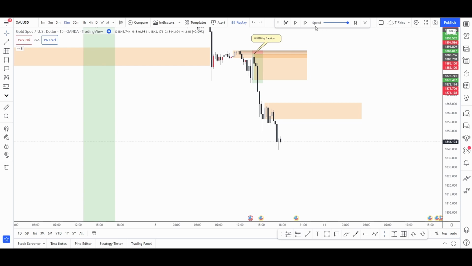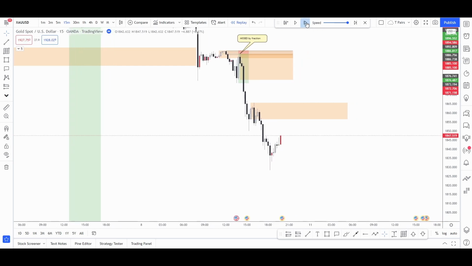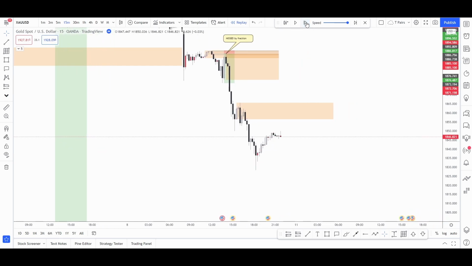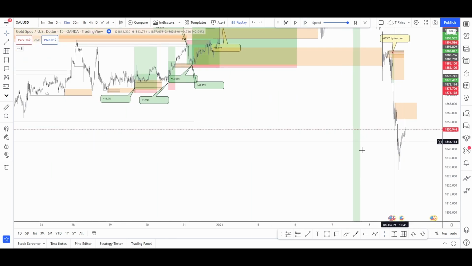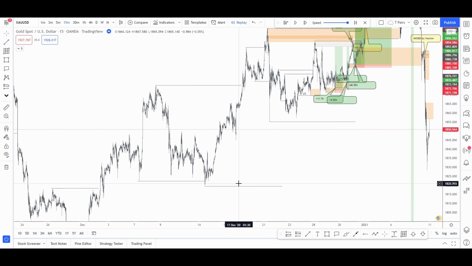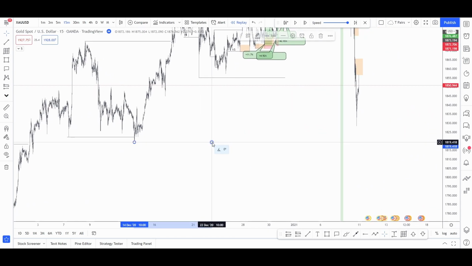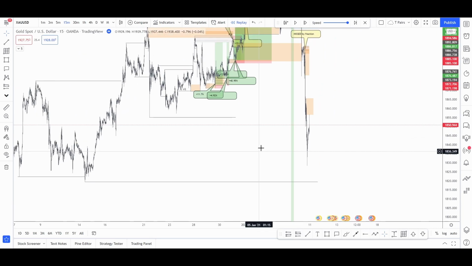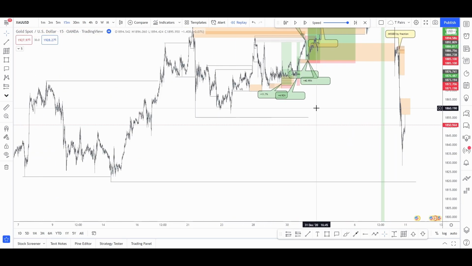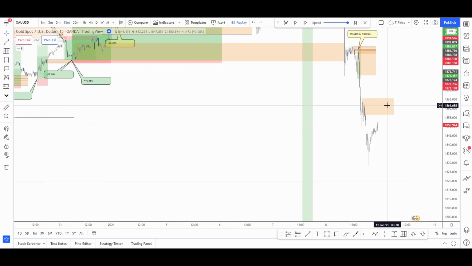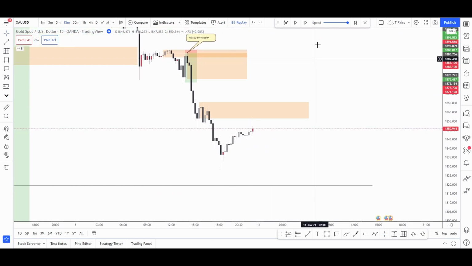See if we can come back to this and tap it. Oh, no way. Where are we? Where are we over here? Just coming down to tap this, which was quite key before. There's a reaction point off of here. Yeah, this is valid. Okay, if we can get some sort of entry off of here, that would be quite useful.